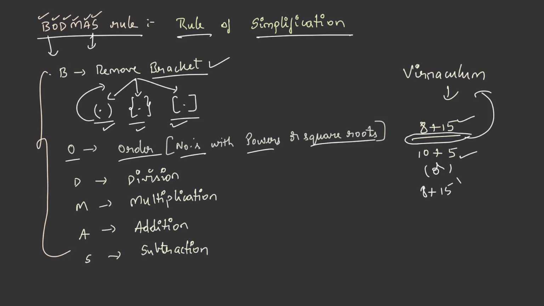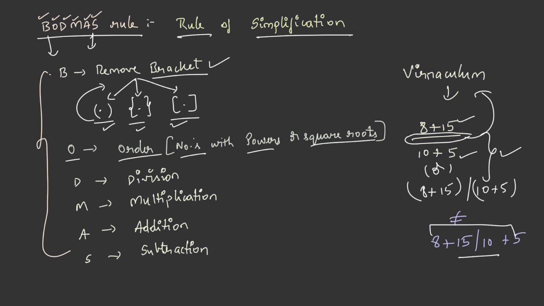This, or 8 plus 15 by 10 plus 5, these two are one and the same, but these two are not equal to 8 plus 15 by 10, plus 5. In this case, we first solve 15 by 10 and then add. But here we add the numerator and divide it by the denominator. That is the difference. Hope you have understood the concept of vinculum.